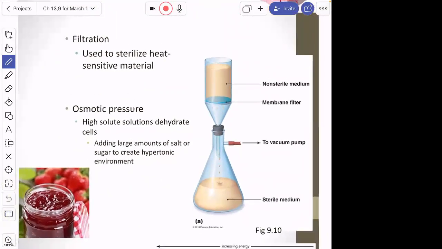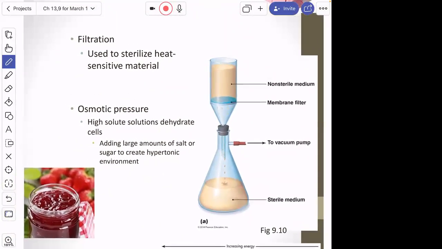Filtration is a nice method to cut down on growth or totally get rid of any microbes for things that can't be heated. Okay, so it's used to sterilize heat sensitive material. So you put a membrane filter in here, say there's some liquid that you need to sterilize that can't be heated. You put a membrane there, and we can get membranes with pores even small enough to make sure viruses can't get through there.